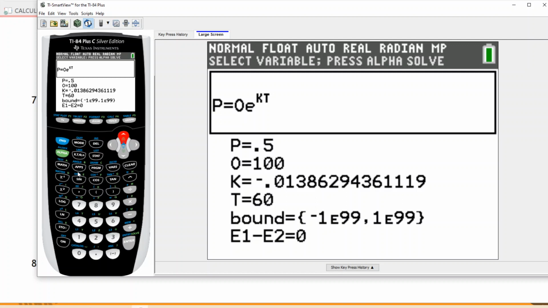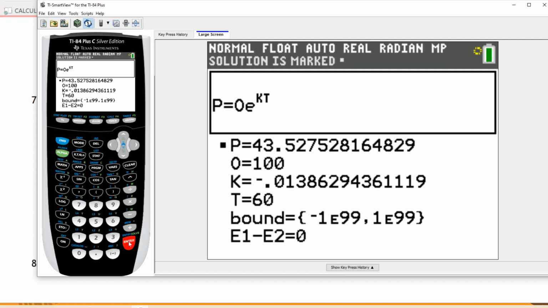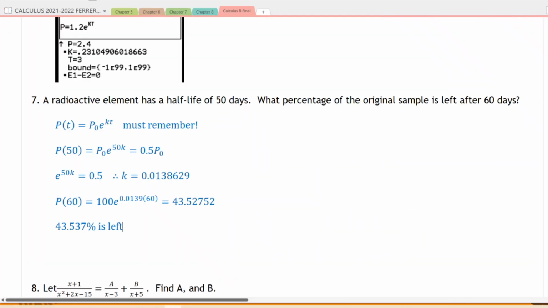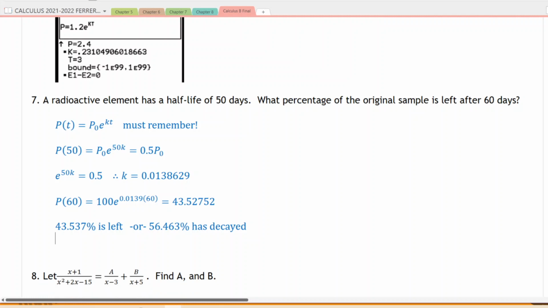And then we'll solve for P. And that's going to give us 43.537, so 43.537% is left. And the other side of the coin is that 56.463% has decayed. That's how much has already been transformed.